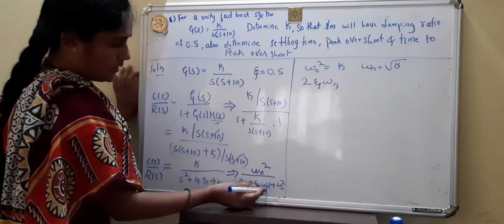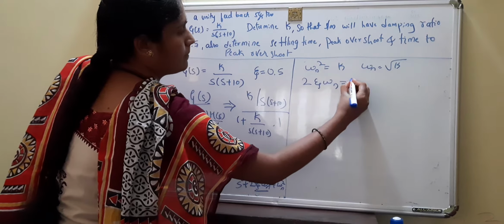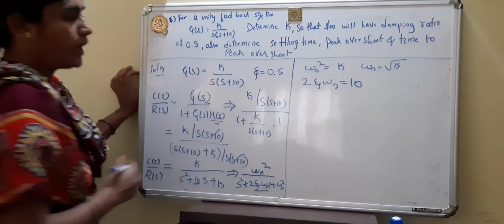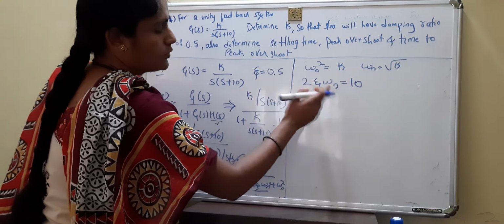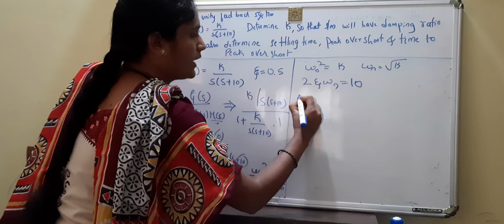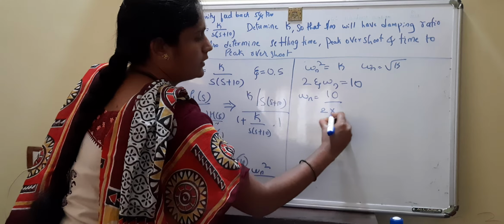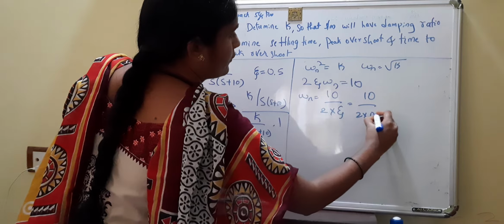Comparing the s term, 2 zeta omega n is equal to 10. We know they already given the value of zeta, so it is already known. Omega n we have to calculate, so omega n is equal to 10 divided by 2 into zeta, so 10 divided by 2 into 0.5.